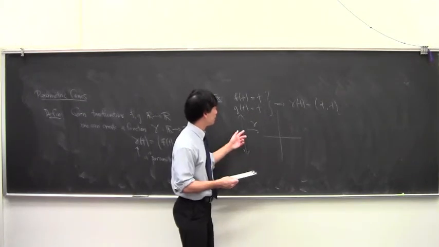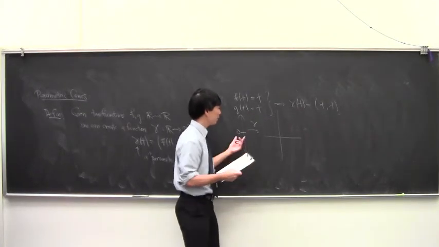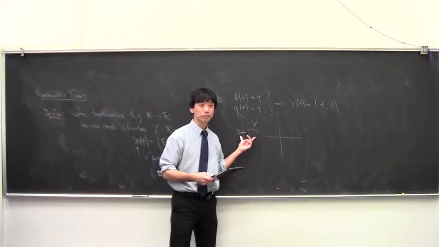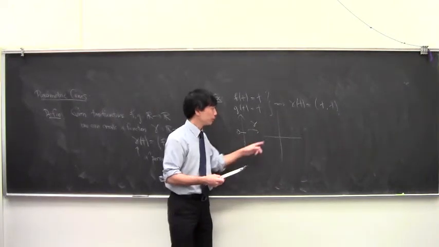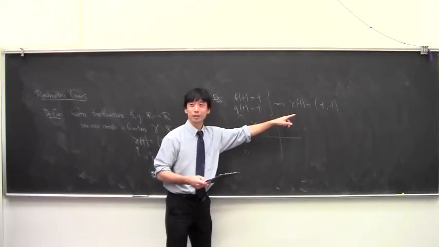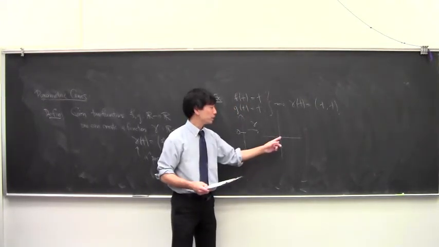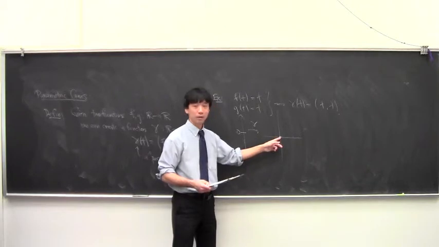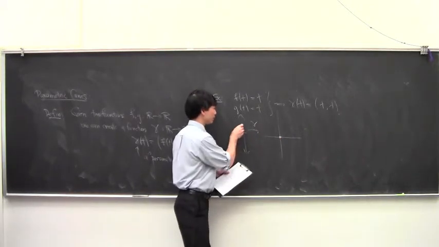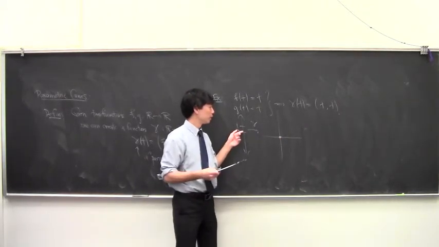And here for this one, for example, if we're at 0, what's gamma of 0? It'll be 0, 0. Right? So it starts there. If we go to 1, we move up to 1, what happens?